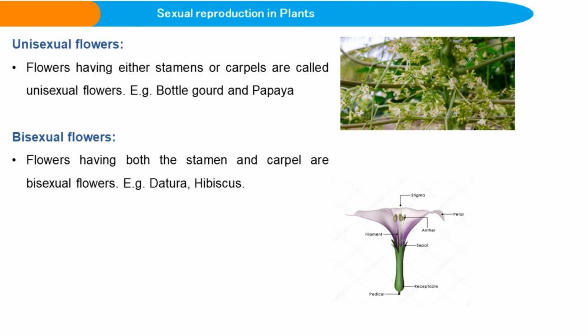Example, bottle gourd, papaya, etc. And bisexual flowers have both the stamen and carpel, that is both androecium and gynoecium along with calyx and corolla. Example, datura and hibiscus.